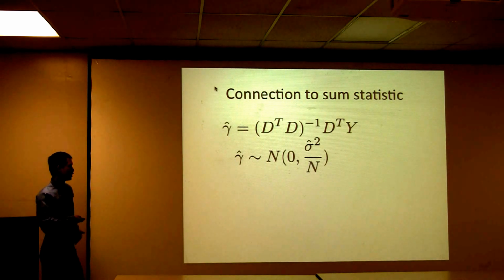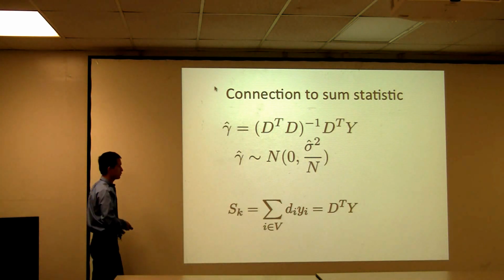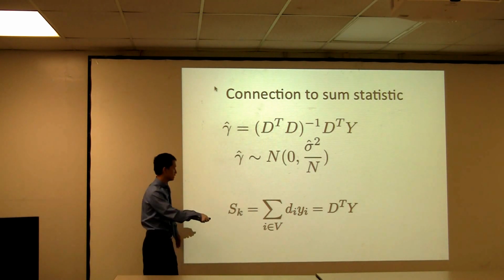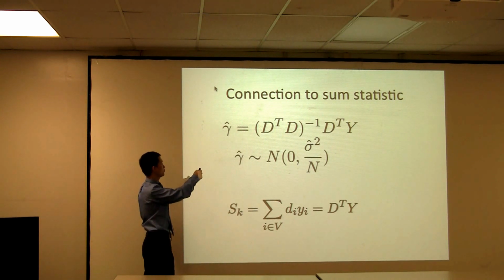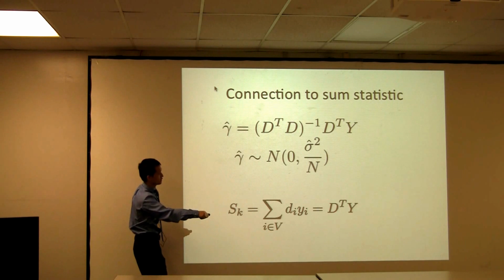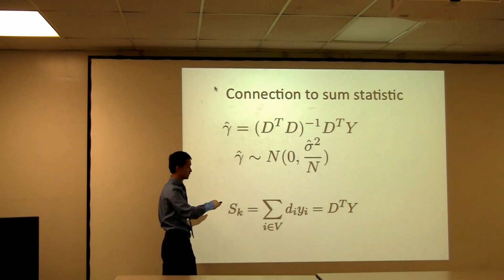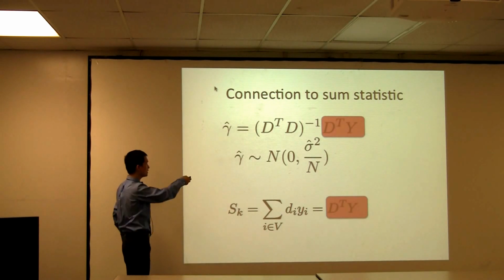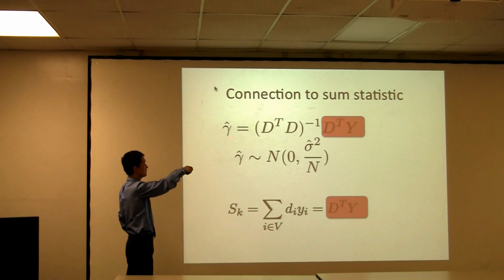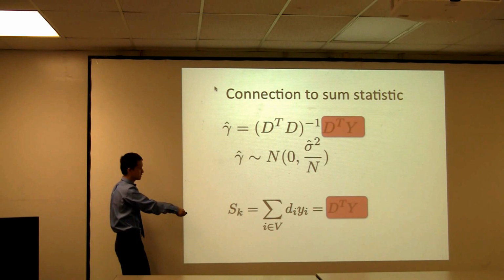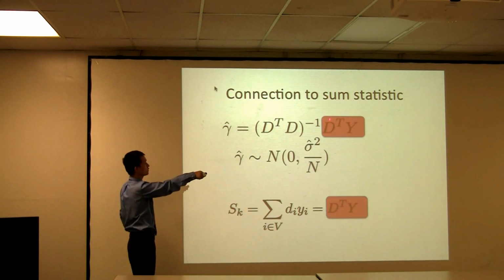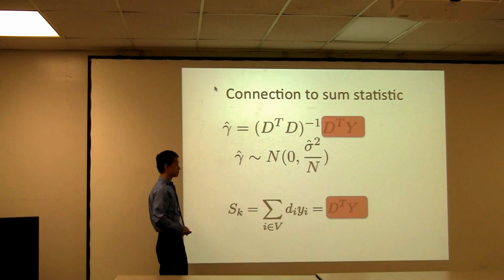And now let's look back to our IBD degree type sum statistic. We see that these two equations are very similar. Here we have a term d transpose y, and here we also have a term d transpose y. The only difference between the estimate of gamma and the test statistic S_k is a constant factor.